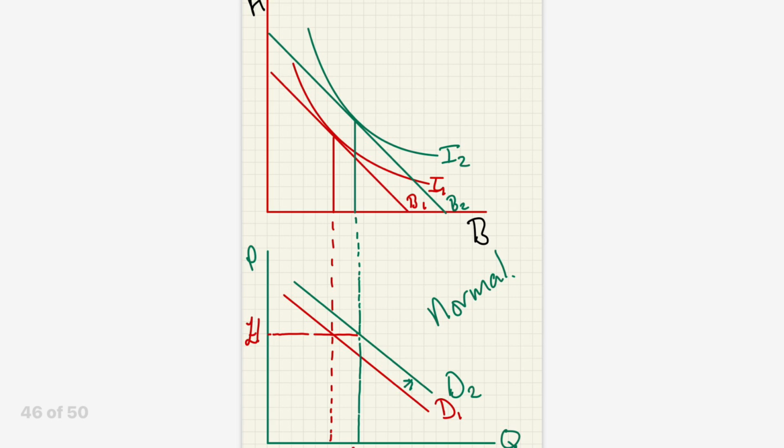But now, because the consumer's income has increased, the quantity that they are willing and able to demand has increased, and that's shown by the outward shift in the demand curve from D1 to D2. Now, this must be a normal good because the increase in income has led to an increase in the quantity demanded.